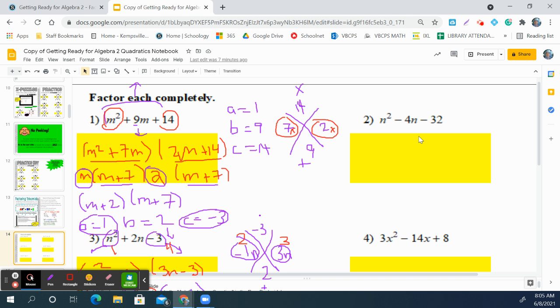Be careful of the signs. So everybody should be working on 2, 4, and 6.